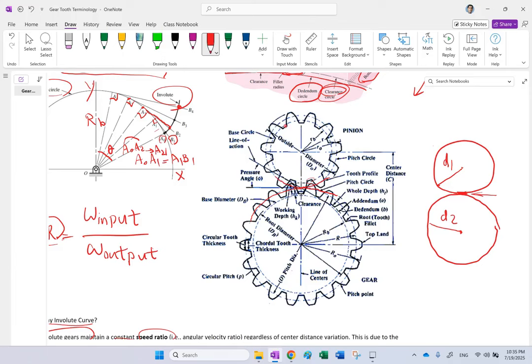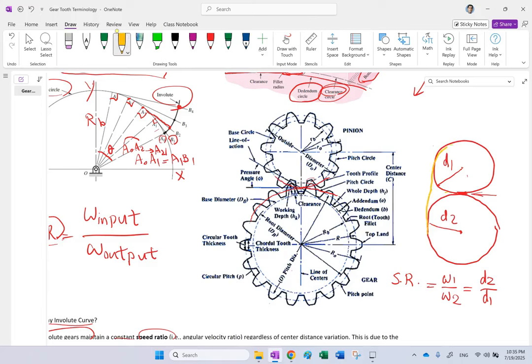So if I want to find the speed ratio between these two gears, I can show you that the speed ratio, which is omega 1 over omega 2, can be defined as D2 over D1. Okay? Because we know that if these are just two drums, or you might call them belt and pulley, right?